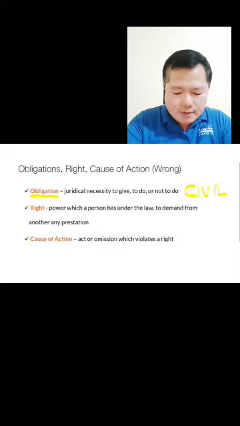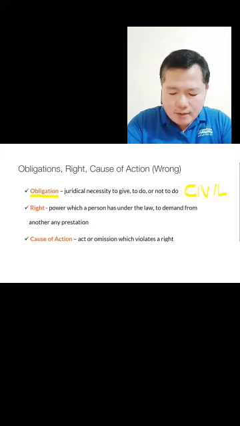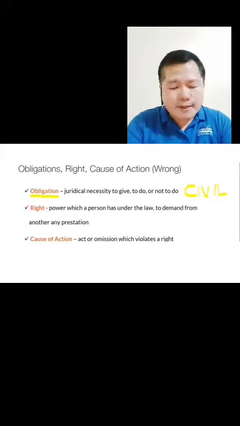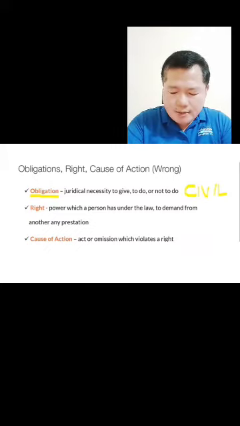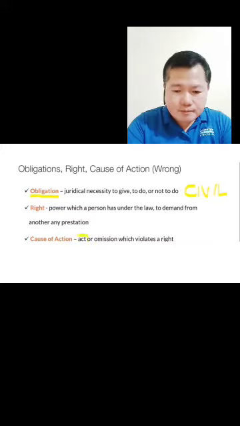So let's go back. Next is the cause of action. A cause of action arises when there is an act or omission which violates a right. When we say act, this refers to an act forbidden for him to do, yung bawal.